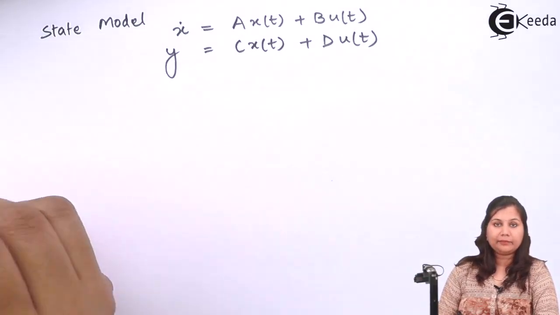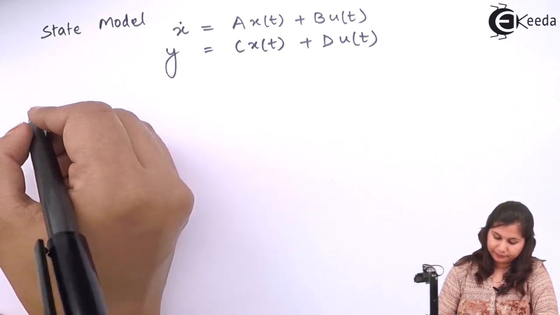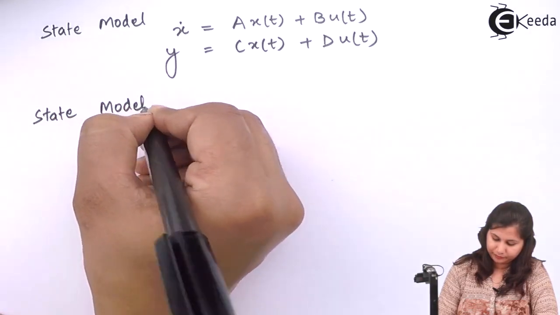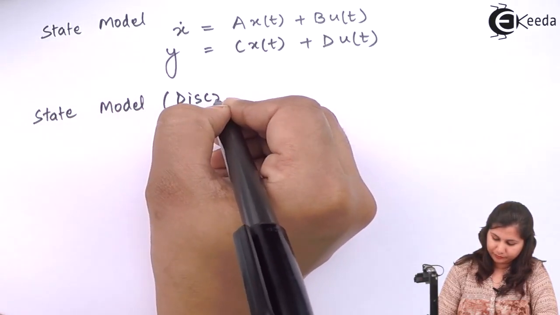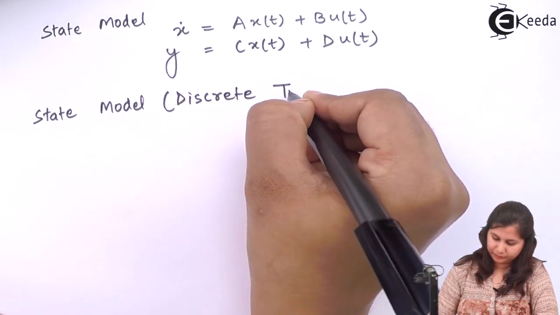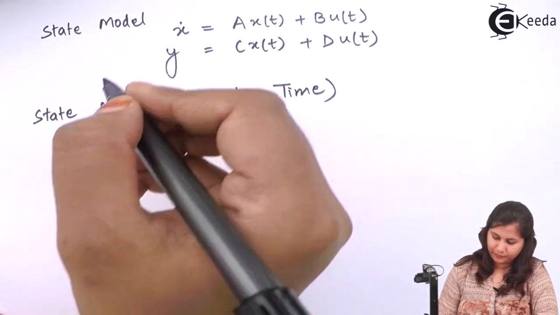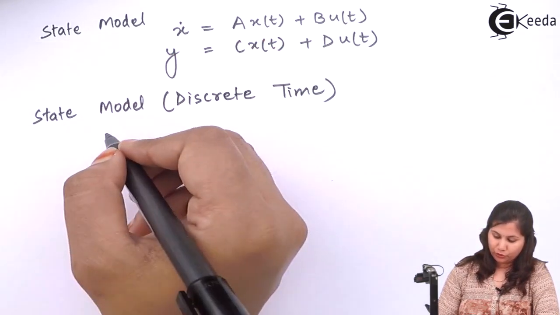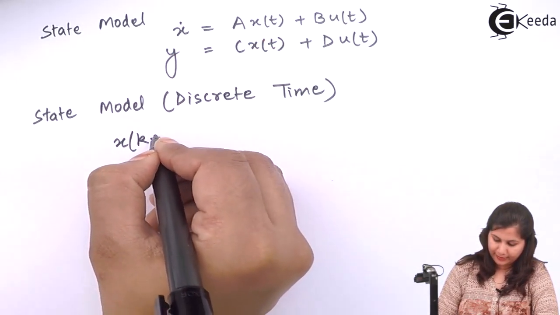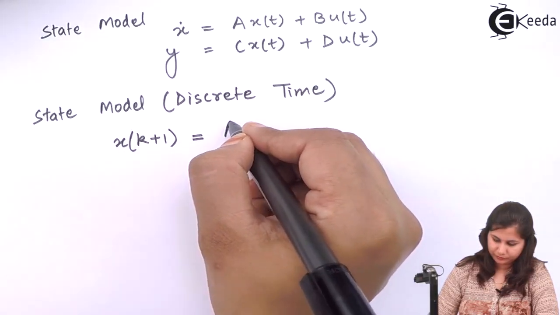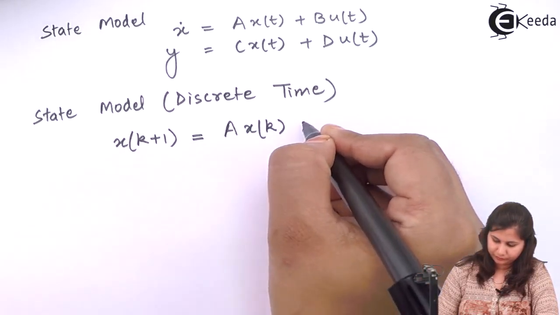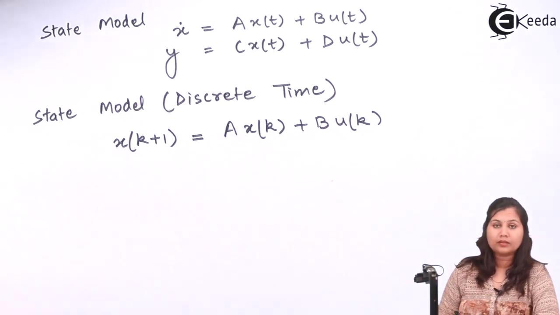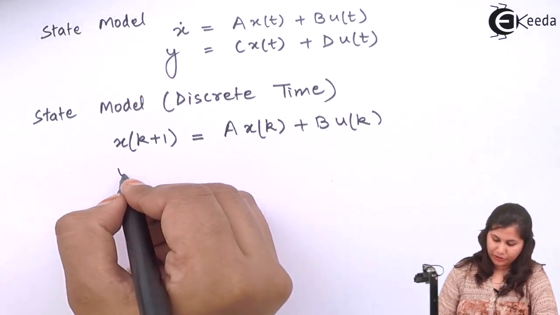Now in discrete time, the state model will become: this is the derivative of the state variables, so here it will become x(k+1), and this is the output equation.